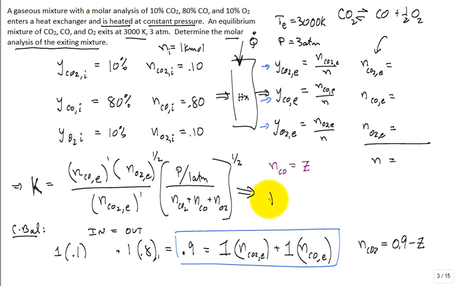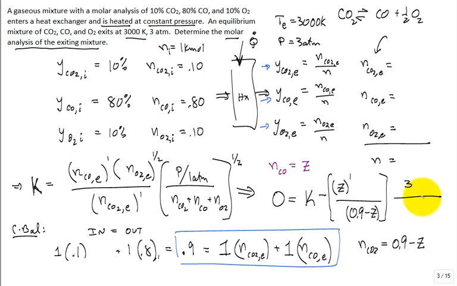It'll be 0 equals K minus the number of moles of CO exiting, that's Z, raised to the 1 power, divided by the number of moles of CO2 exiting, raised to the 1 power, 0.9 minus Z. See that?